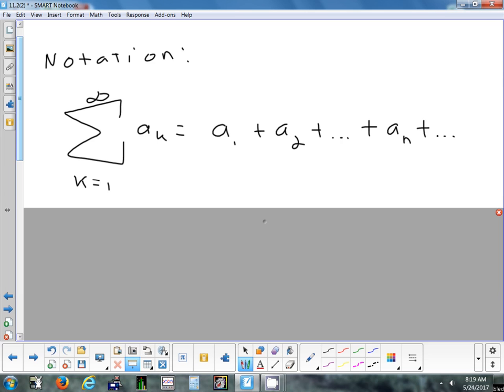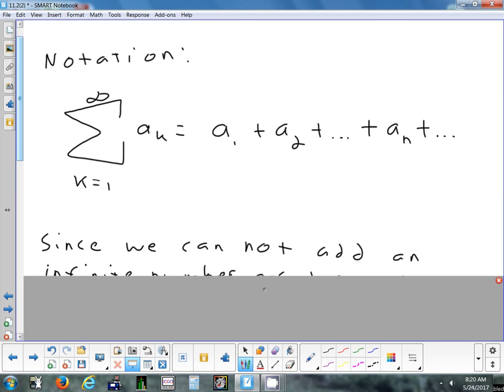How could you tell just by looking that this is different than yesterday? Yeah, it doesn't end with the nth term. It goes beyond it, and there's a dot, dot, dot, which means it goes on forever. So that's the notation you would see, either sigma or expanded, for an infinite series.